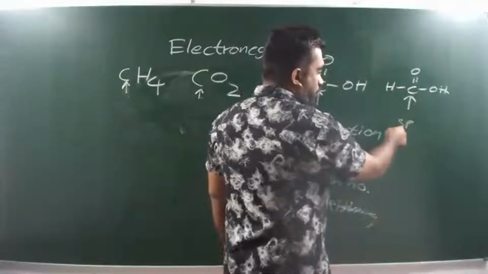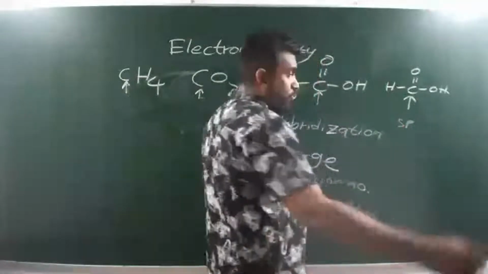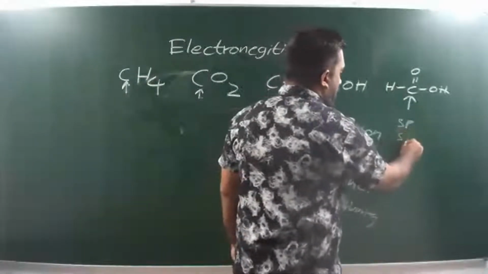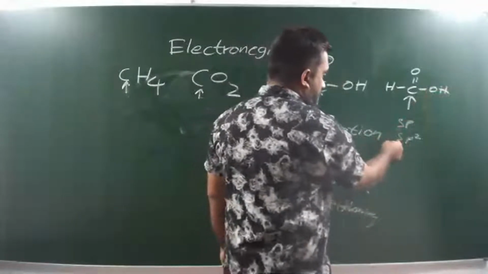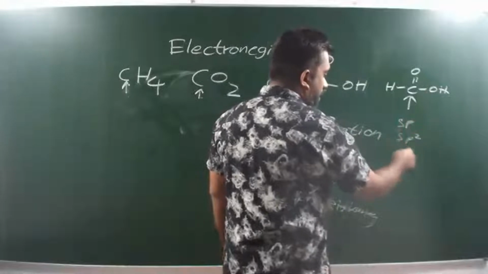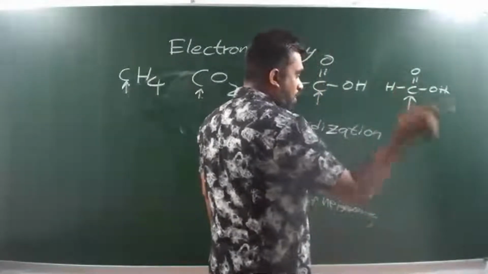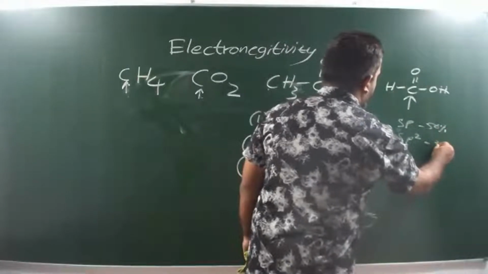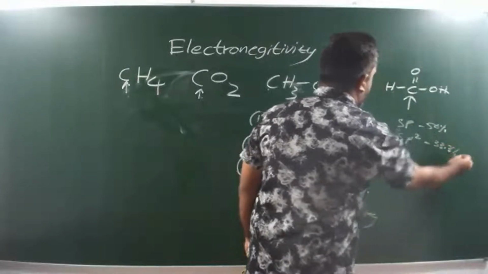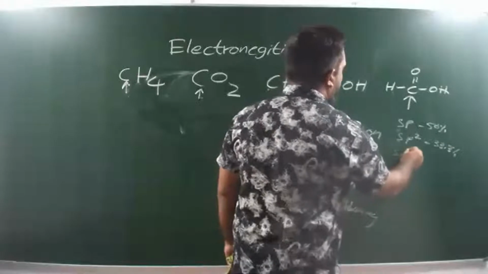Then the percentage of S is 50%. Now when you go to sp2, there are three hybridized orbitals, here 1, here 2 and 3, and S is 1 out of 3. In sp it's 50%, in sp2 it's 33.33%. Now let's say sp3.